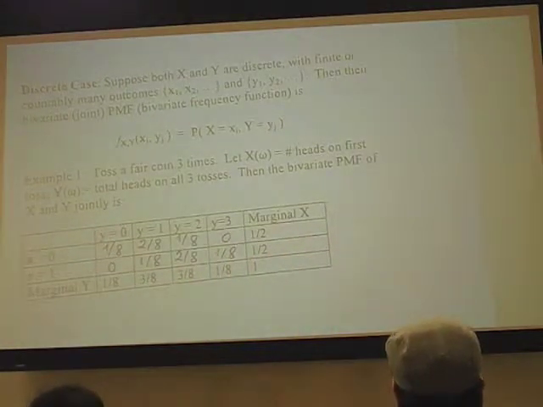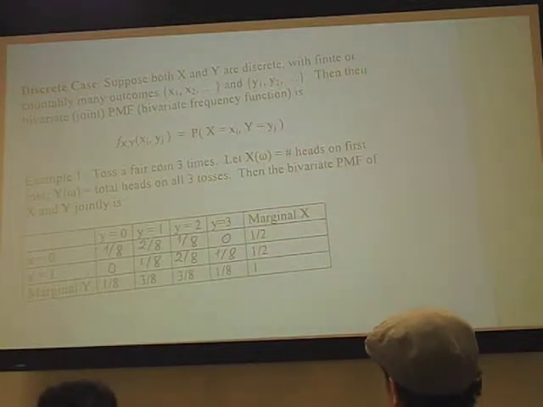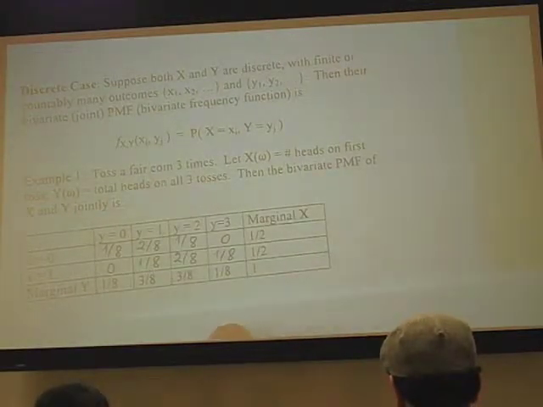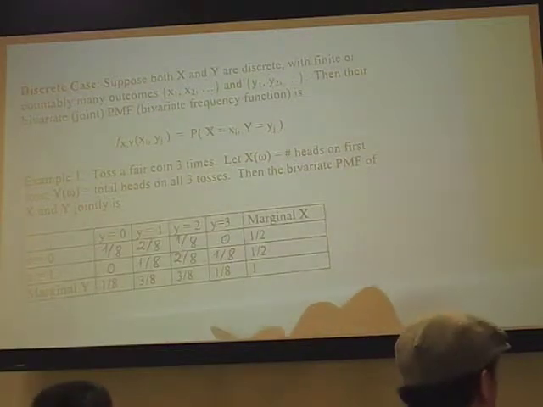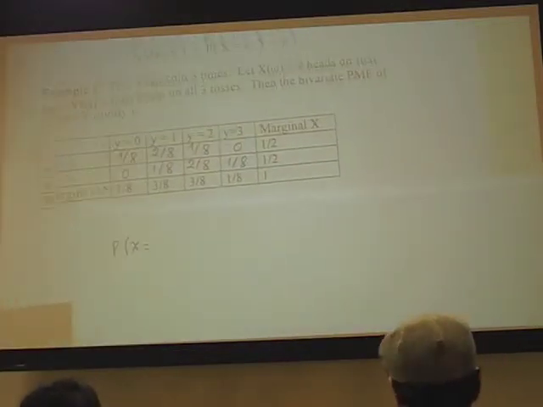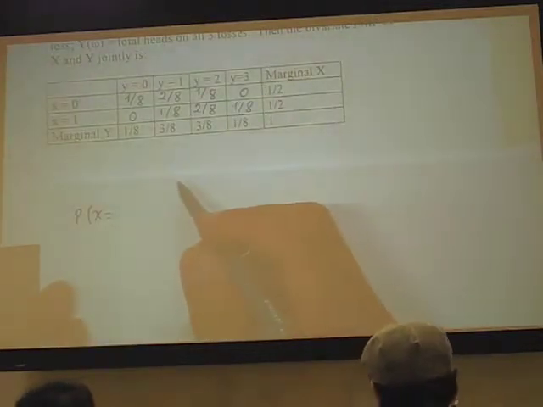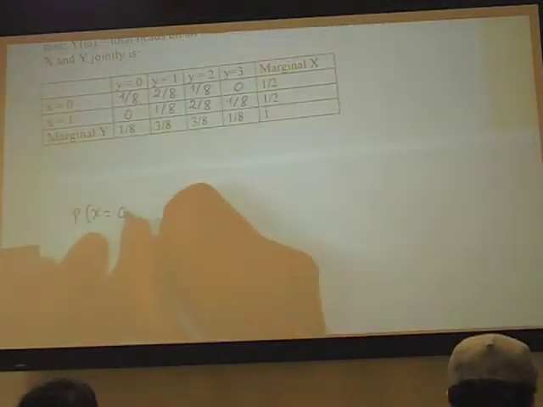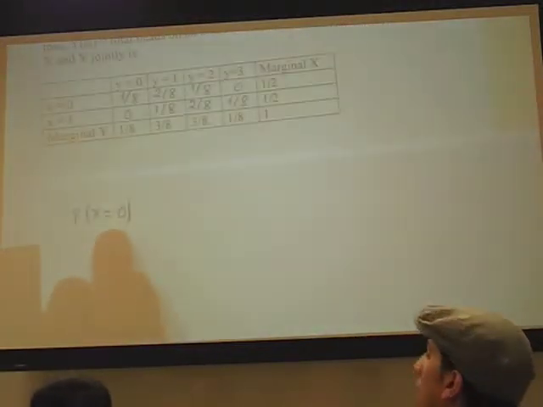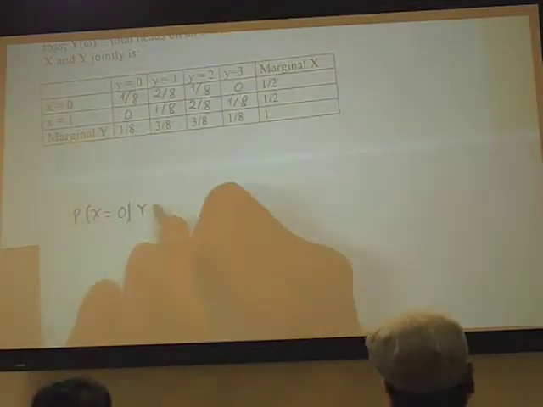So with that in mind, for example, what would you do if I ask you to calculate the probability of x equal to, let's say, 0, and given that y right here is 1?